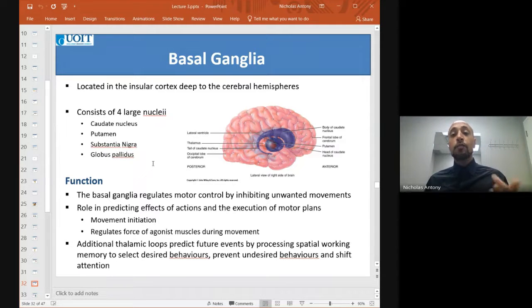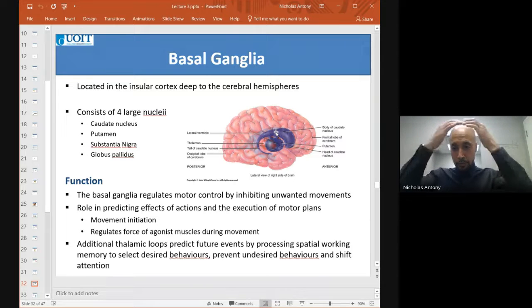Now we also have regulatory areas. So the two areas that are important in terms of our control of movement are the basal ganglia as well as the cerebellum. Now the basal ganglia is deep inside the lobes, under the gray matter.